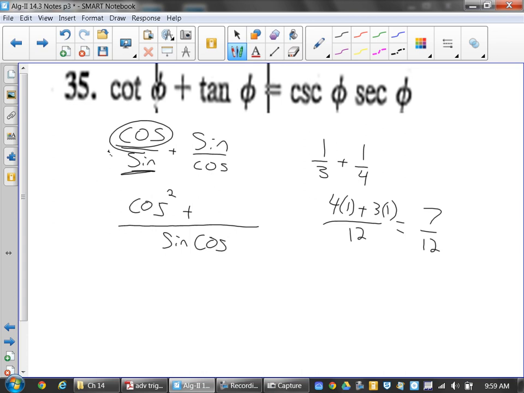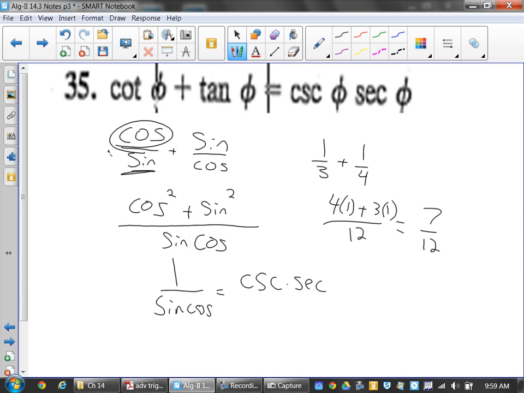This side needed the sine, so sine times sine is sine squared. What's cosine squared plus sine squared? 1. Separate the denominator out. Yep, and since it's 1 over sine cosine, you could split them apart and get cosecant and secant.